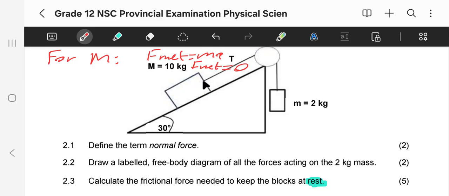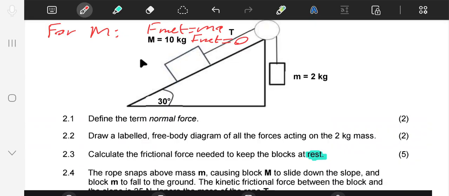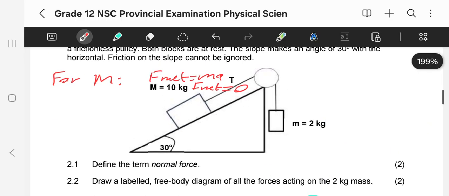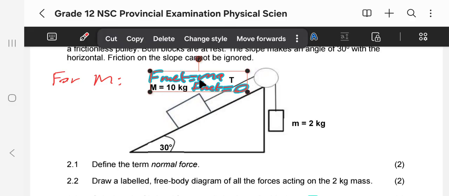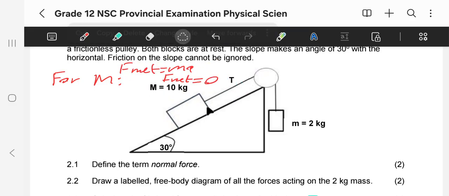For object M, capital letter M, the 10 kg block, we need to see how many horizontal forces are acting on this object. I'm going to quickly show those forces. The first force that is clearly visible is tension.